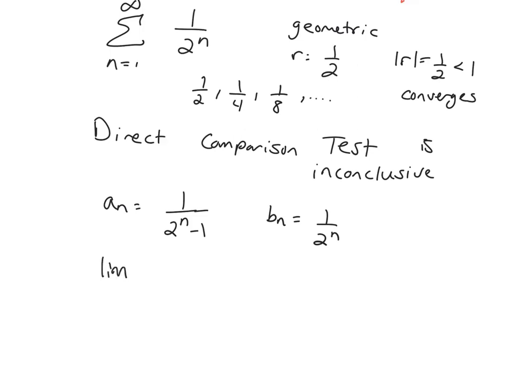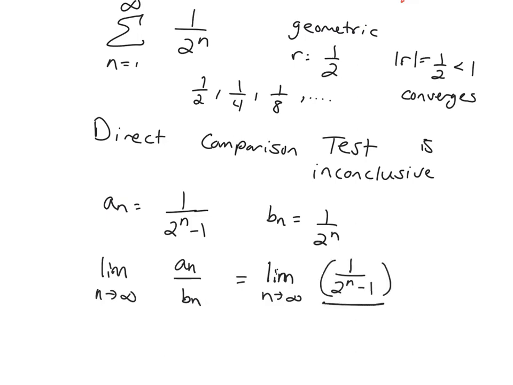So if I'm using the limit comparison test, I need to compute the limit of a sub n divided by b sub n. The limit of 1 over 2 to the n minus 1 over 1 over 2 to the n.